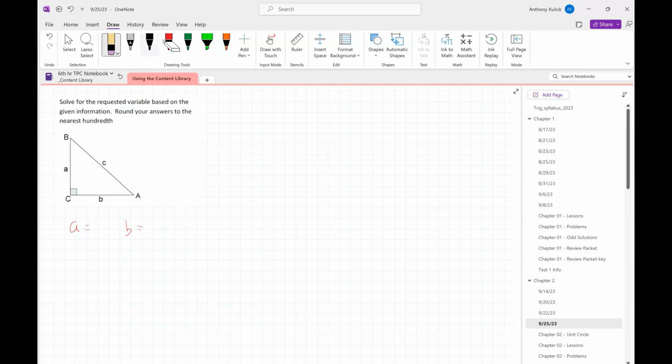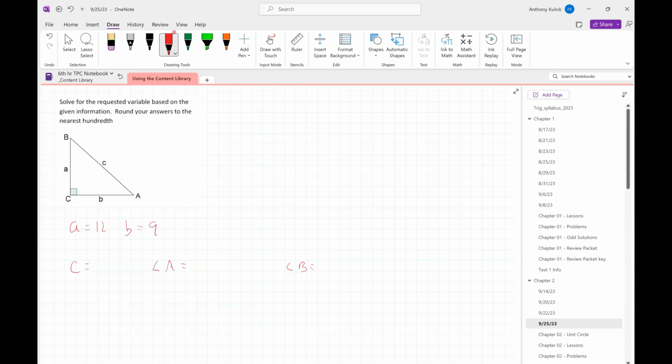So let's solve the triangle. We need to find side C, angle A, and angle B. Sound good? All right. Which one should we find first?